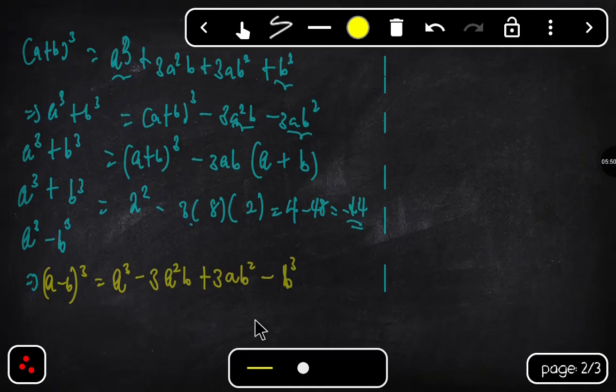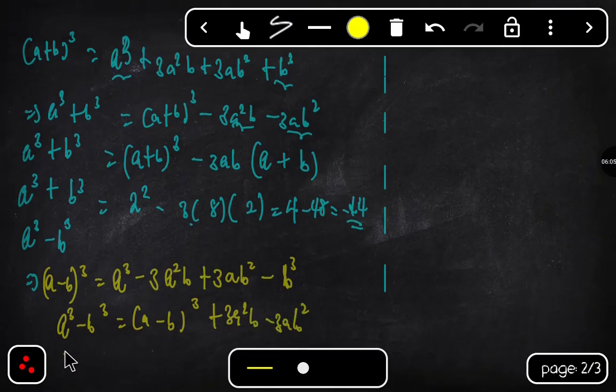So that is what is going to give us. Okay, then so we can now say a raised to the power of 3 minus b raised to the power of 3 will give us a minus b to the third power plus 3a squared b minus 3ab squared.